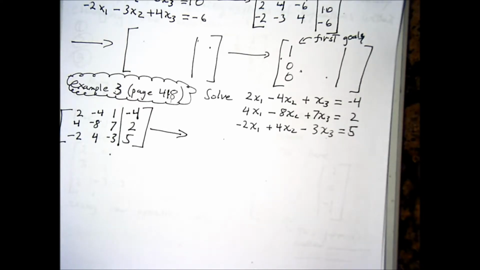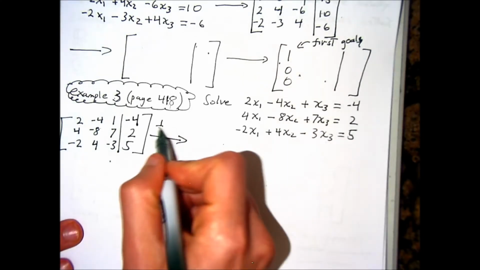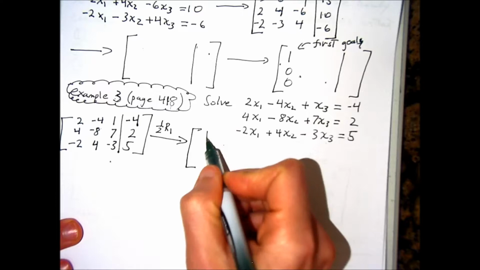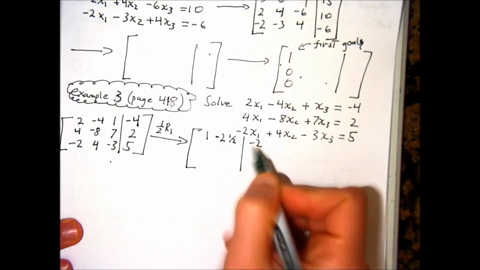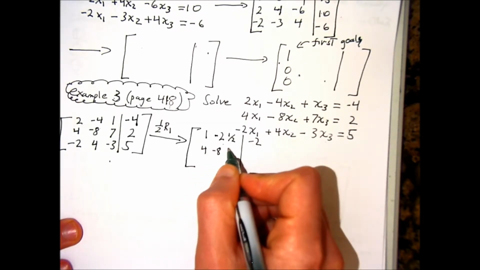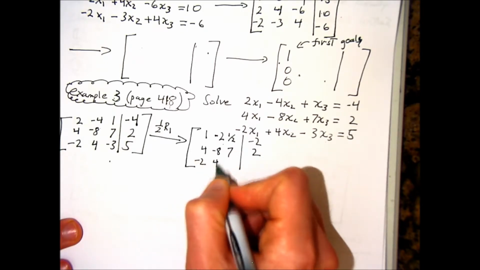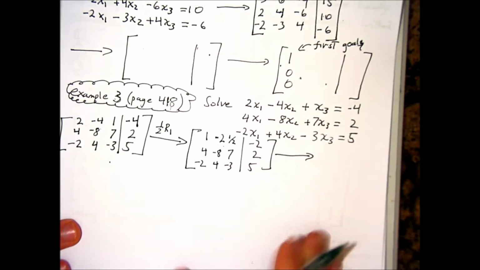Well, I can multiply the first row by a half. So I will do that. And look, I have a goal that I just met right there. And then everything else just gets copied down. You'll find it pretty irritating to have to keep rewriting and rewriting, but it gets better.